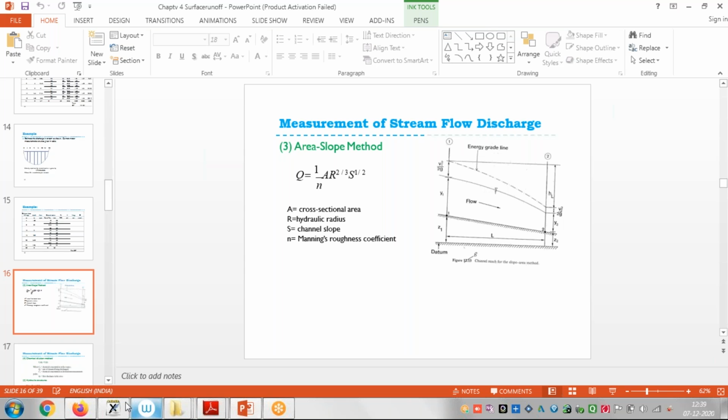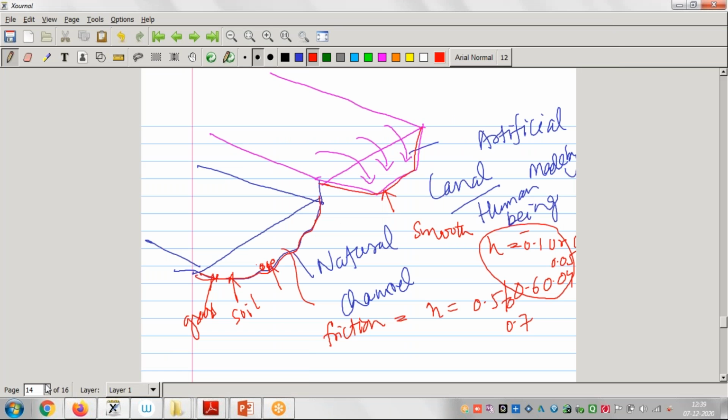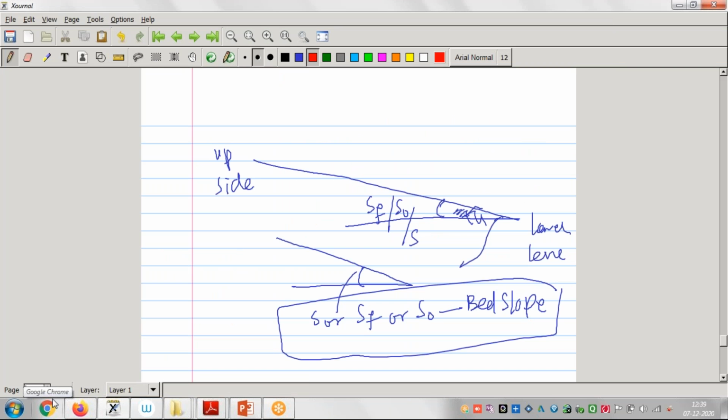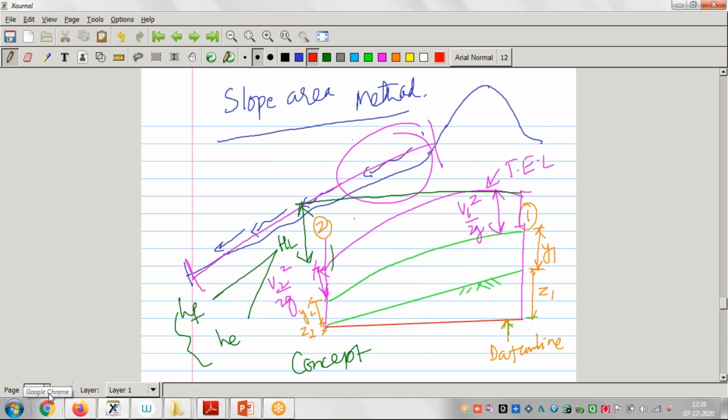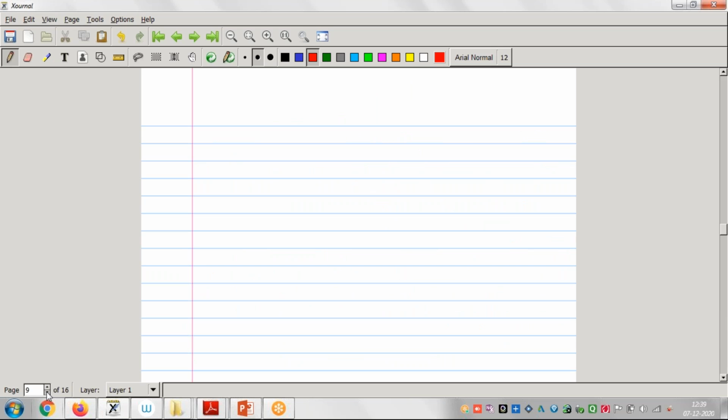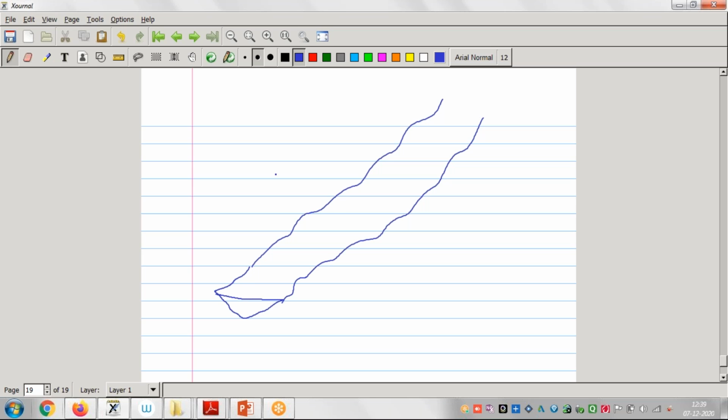So for example, suppose there is a river flowing in Oman, and somebody asks, can you calculate the discharge Q for this with the slope area method?